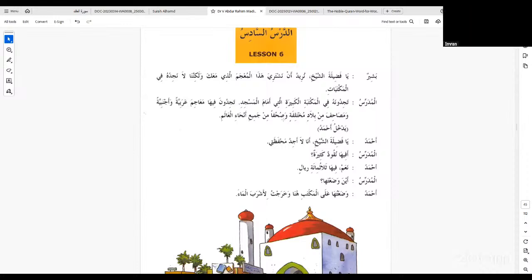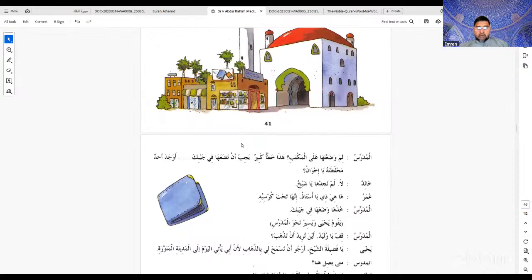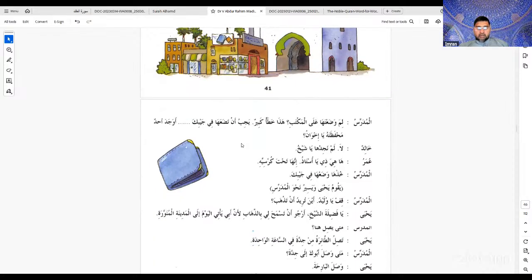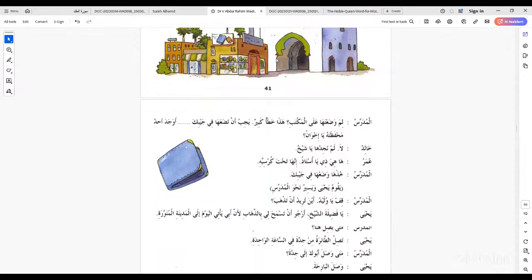So I'm going to ask for the role of Mudarris, Sister Sadiqa. Can you take the role of Mudarris? Yes. And the role of Ahmad will be taken by Razia. Can you take the role of Ahmad? Yes, sure, I can try.